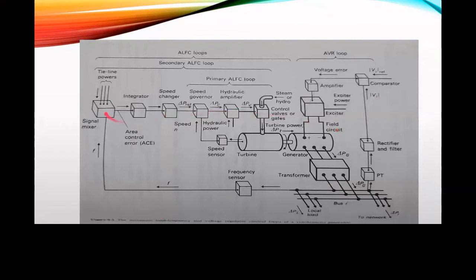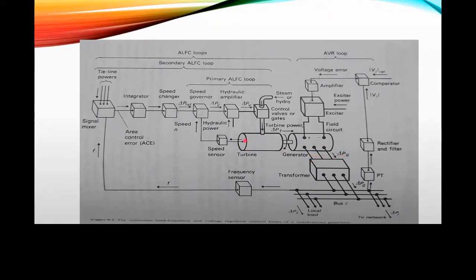And now let me explain the functioning of this overall control. A turbine drives the generator, and according to the input of the turbine we have the power generated. Depending on the steam that is flown, your turbine rotation is going to vary, and depending on that speed of rotation the power is generated.